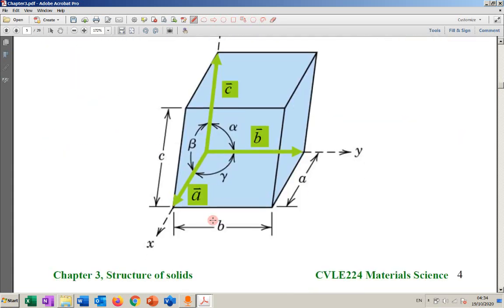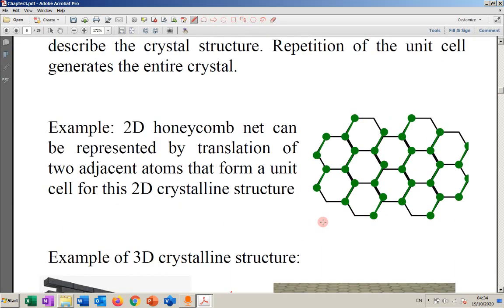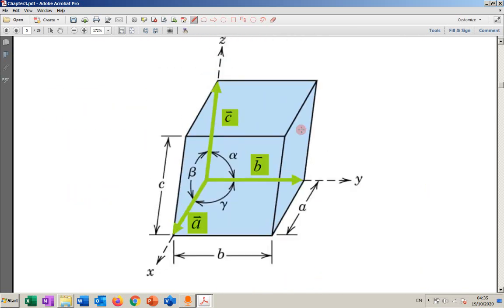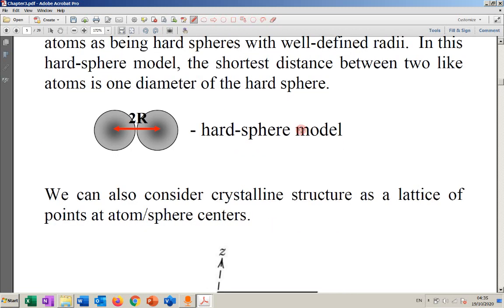So we will consider atoms as round spheres with a radius for the purpose of calculation. If two atoms are beside each other and touching each other, the distance from center to center is 2r, the radius of each sphere's atom.